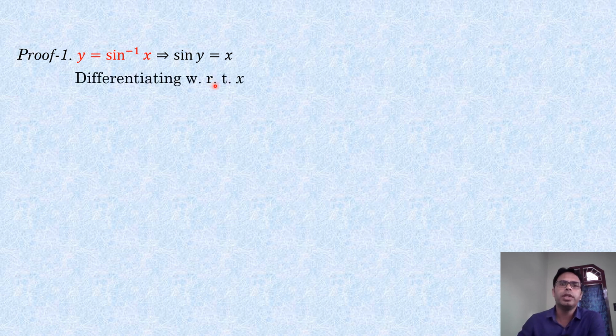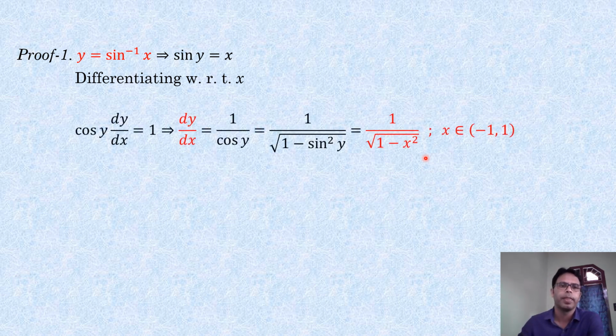So differentiating with respect to x, on the left hand side the derivative of sine y is cos y dy dx, and on the right side the derivative of x with respect to x is 1. Then dy dx will be equal to 1 by cos y.